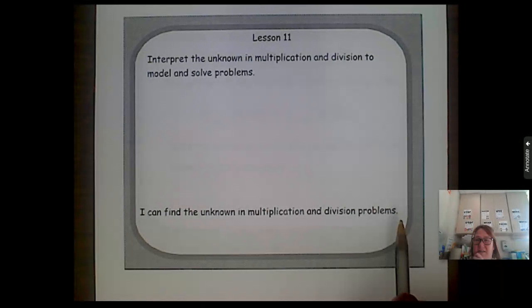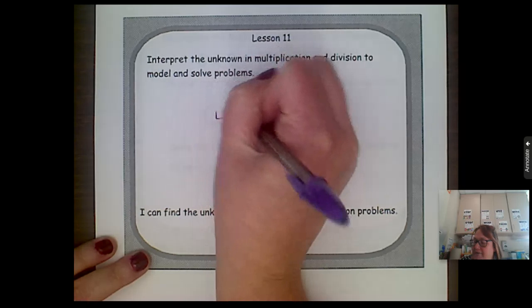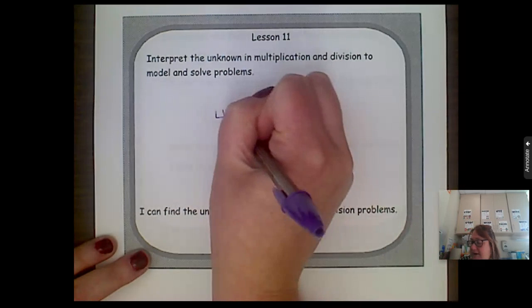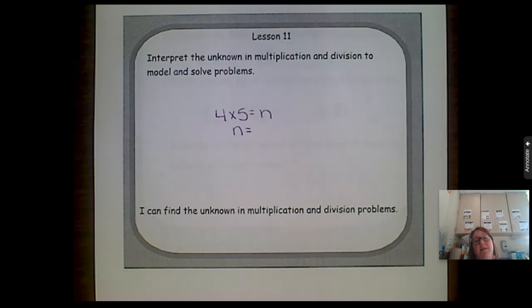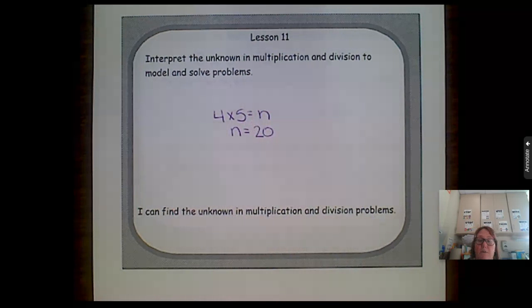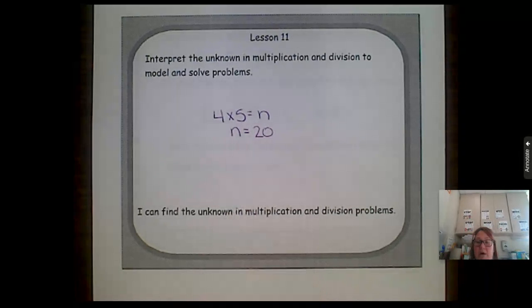So we could have done like 4 times 5 equals n. And then we solved for n, right? So n equals, and we could count by 4s, 5 times: 4, 8, 12, 16, 20. So n equals 20, right? We did that with multiplication and division, and we worked on word problems as well. So we're just doing more of the same with our lesson for today. I'll talk about that in a minute.